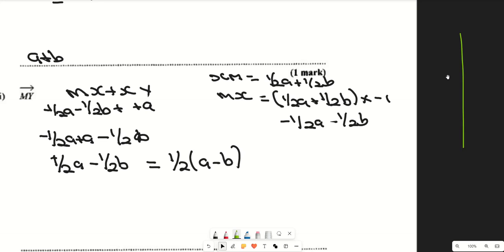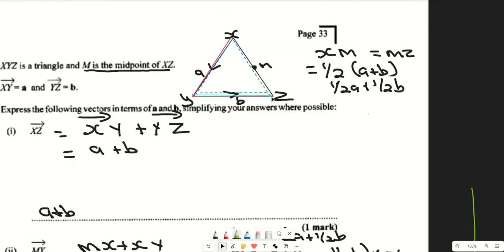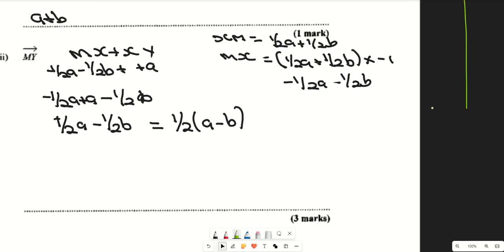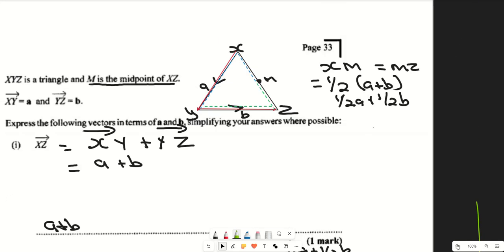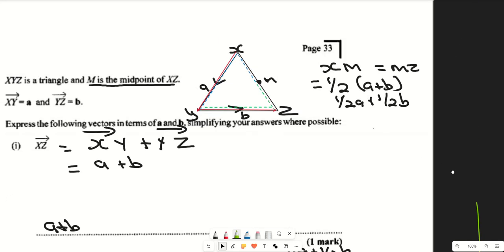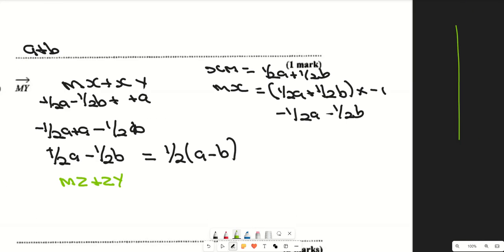If we wanted to go the Z route, that's MZ plus ZY, right? Starting point is M, ending point is Y, point in common Z. We know that MZ from above is a half A plus a half B. And then we know ZY.